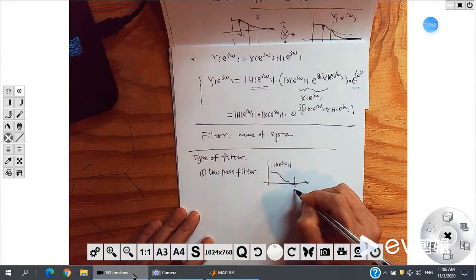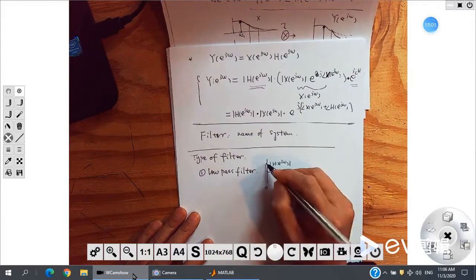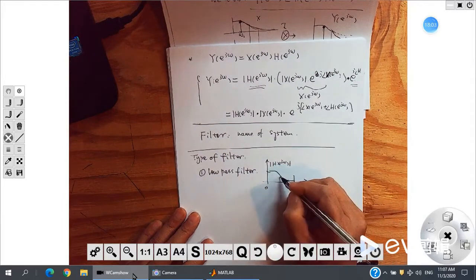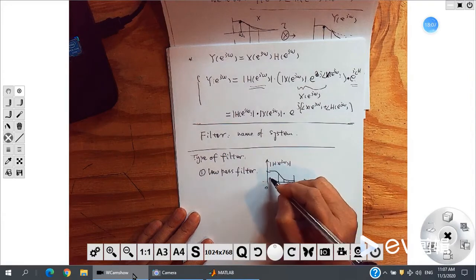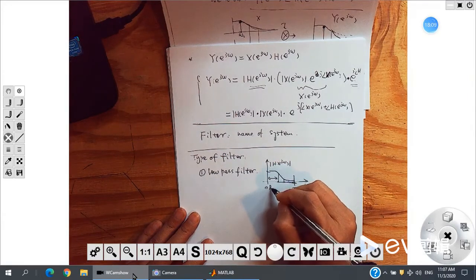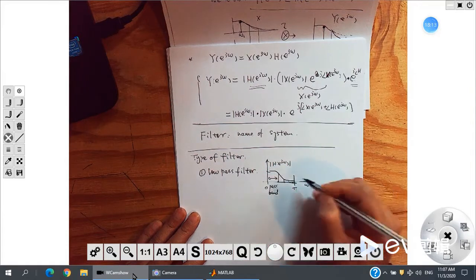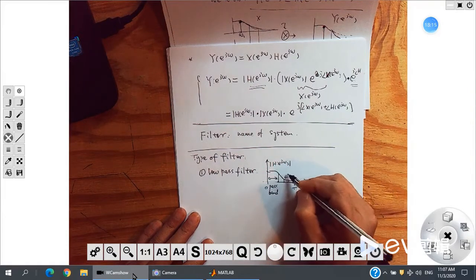Here's pi, here's 0, and this is omega. This part we call the pass band, and this part we call the stop band.